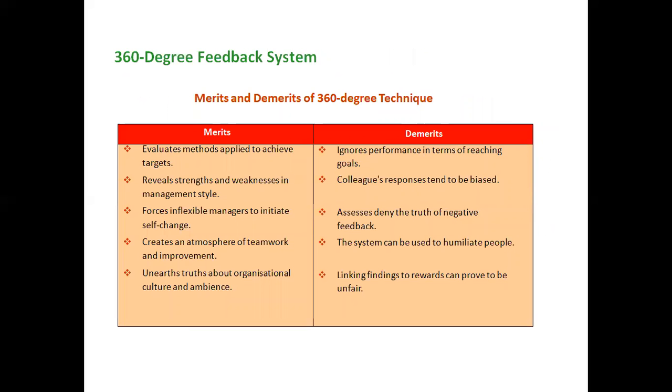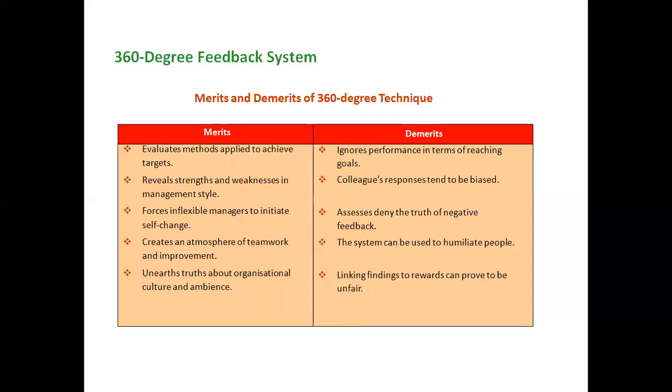Another method which we can discuss is the 360-degree feedback. In the 360-degree feedback system, information is collected from multiple parties, including one's subordinates, peers, supervisors, and customers.